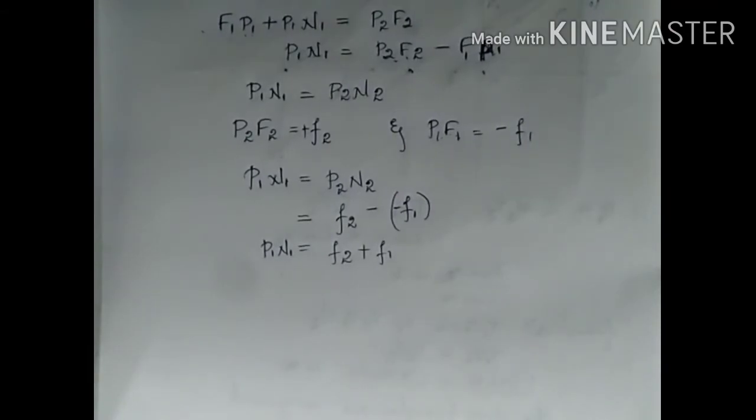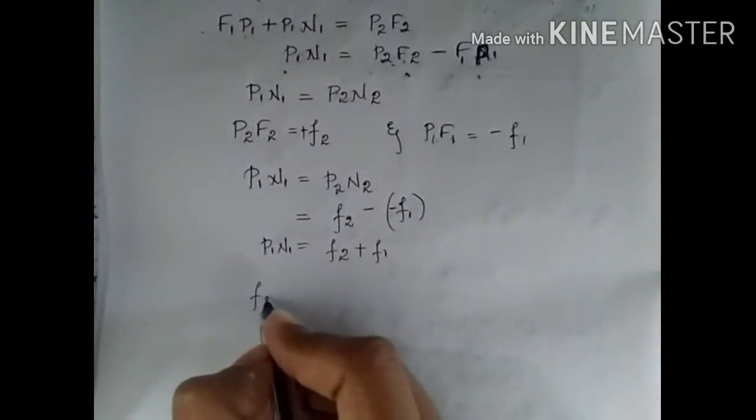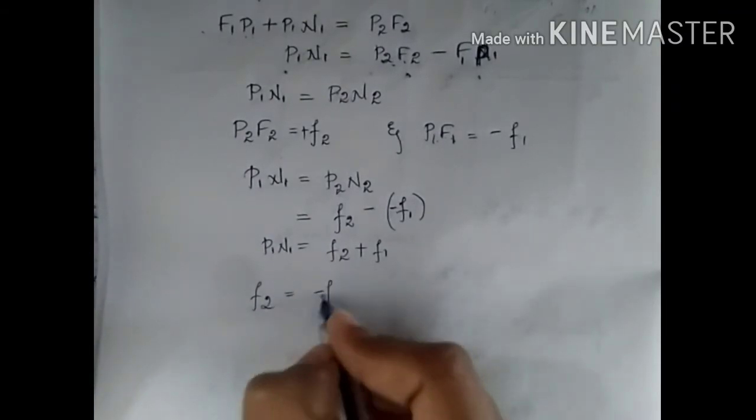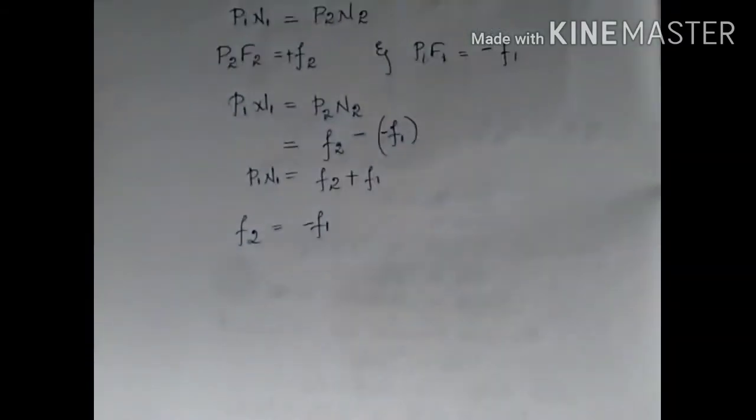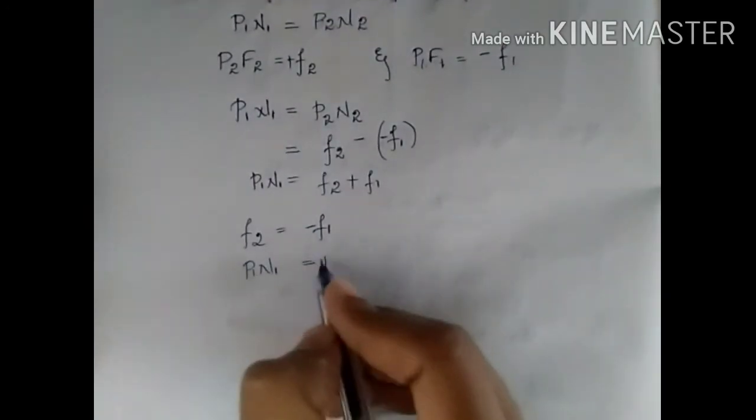Now if we have the medium which is the same on both the systems, like for the image system and for the object system, if the medium is optically similar, then we can write F2 is equal to minus F1. So then P1N1 will be what?